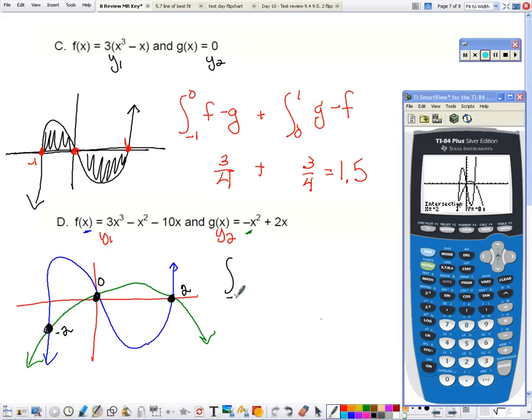So I need the integral from -2 to 0 of f of x minus g of x. Then I would need the integral from 0 to 2 of g of x minus f of x, because now in this case g is on top. So what we're finding is this area and this area.